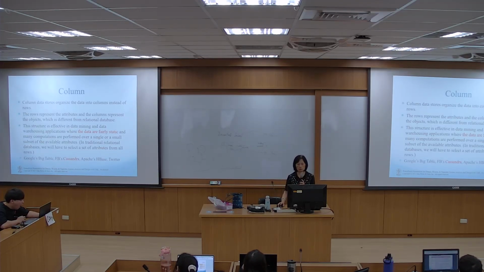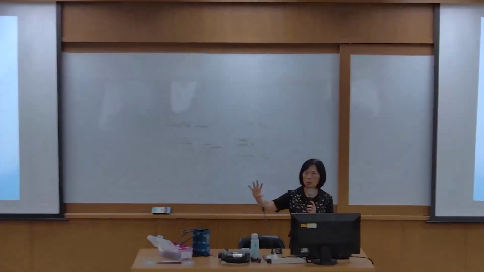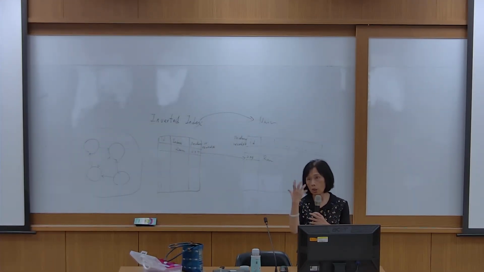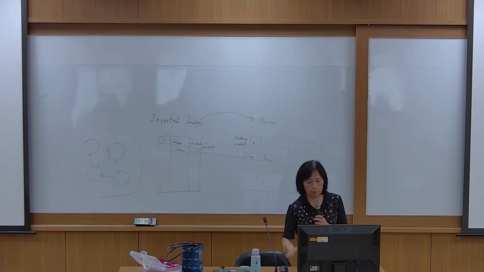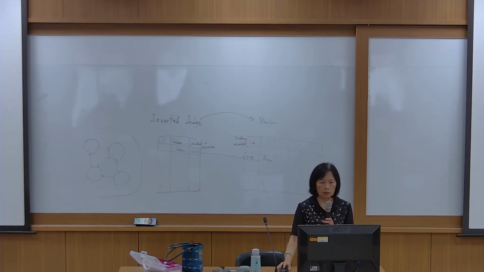Columnar. So let's store data in columns instead of rows, but you're going to see a row has columns. Here is Google's Bigtable, and Meta's Facebook Cassandra, but you probably will not use it because it's very huge. Most often you use MongoDB.